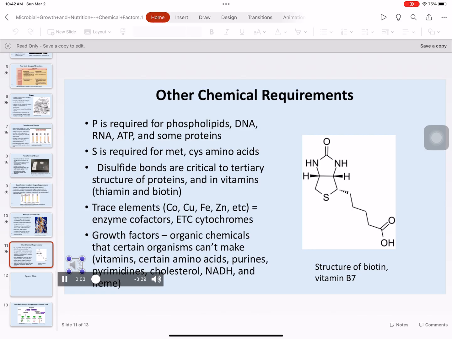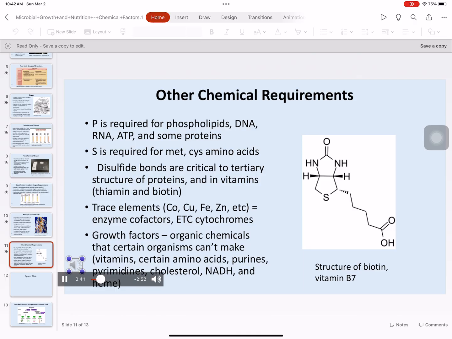Besides the requirements for carbon, oxygen, and nitrogen, organisms have requirements for other elements. So for instance, phosphorus is required for making phospholipids, for making the nucleotide bases for DNA and RNA, as well as for the high energy molecule, ATP, and there are some proteins that contain phosphorus.